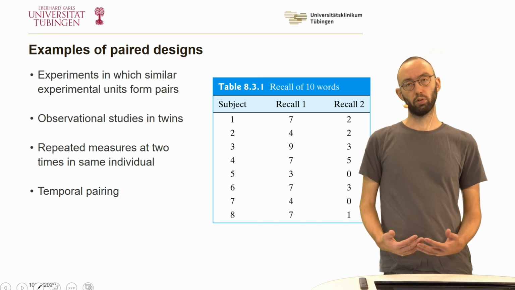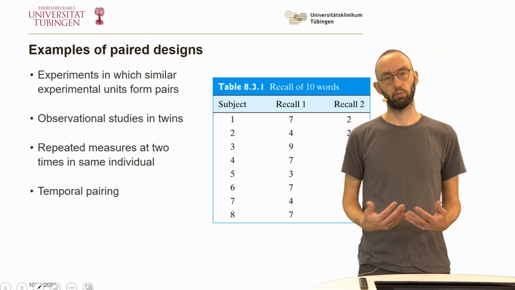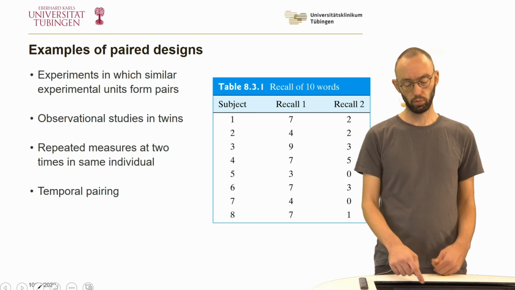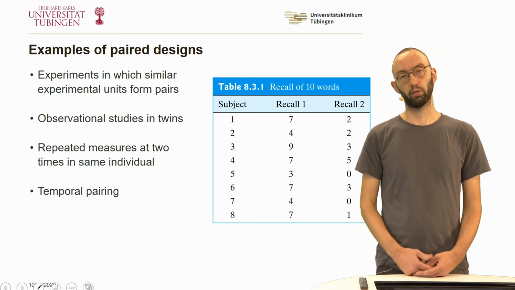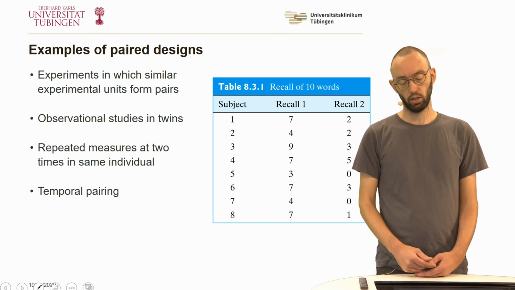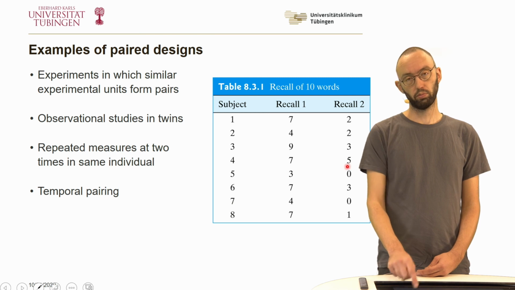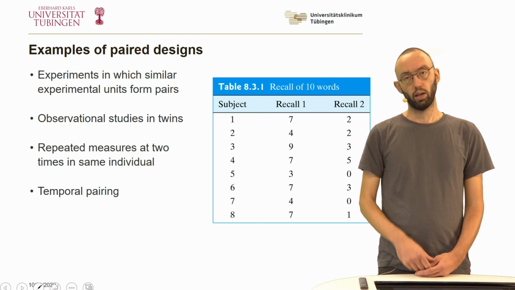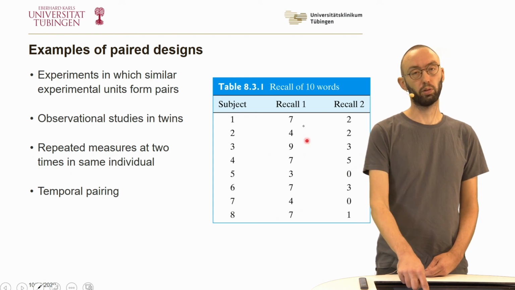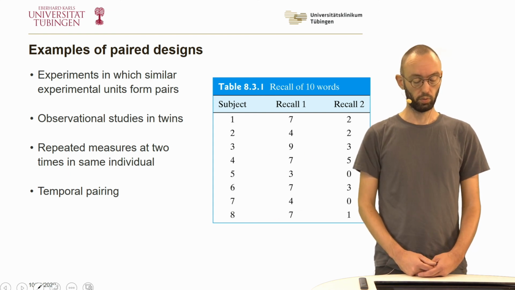Of course, people have a variable memory performance, and the number of words that they can remember at the baseline condition will vary strikingly between them. Therefore, a paired design here, so asking the same people to recall the words later, helps because it takes out this baseline variability in memory performance.